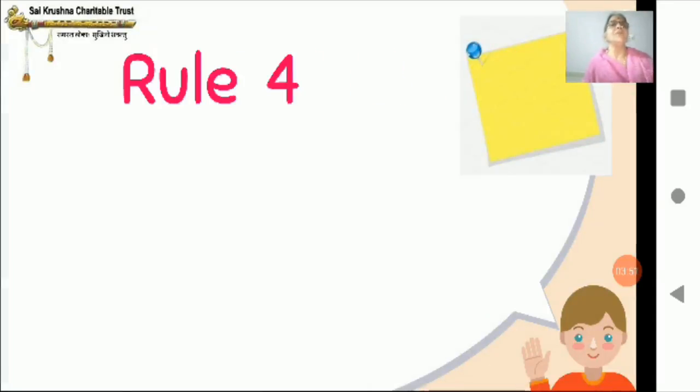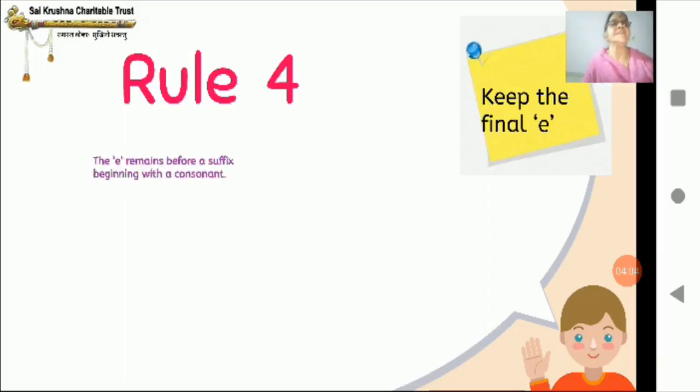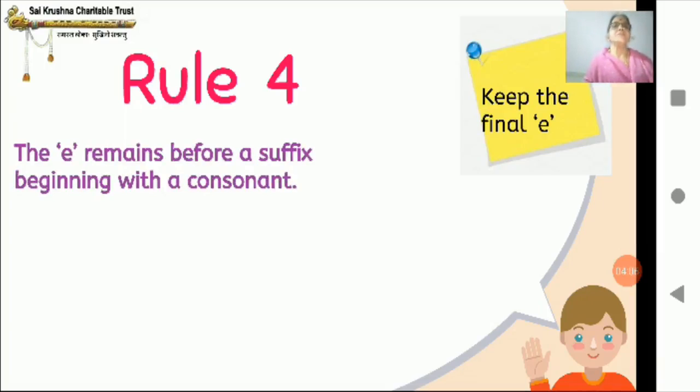We continue with Rule 4 and in this we say keep the final E. What did we say in the previous one? Drop the E. Now we are saying keep the E. When? The E remains before a suffix beginning with a consonant. If the E has to remain there, what has the suffix to begin with?